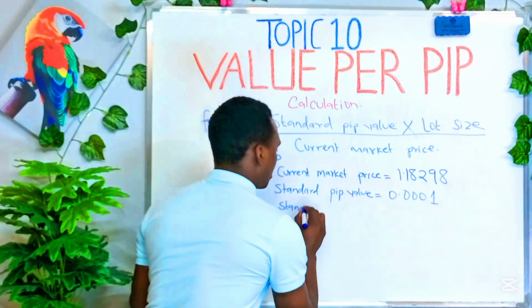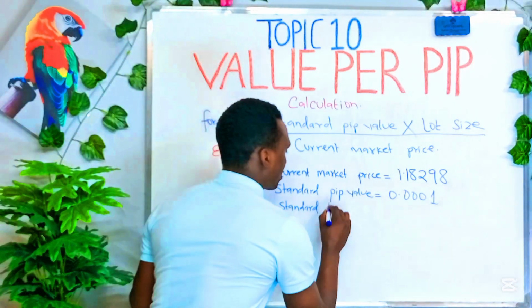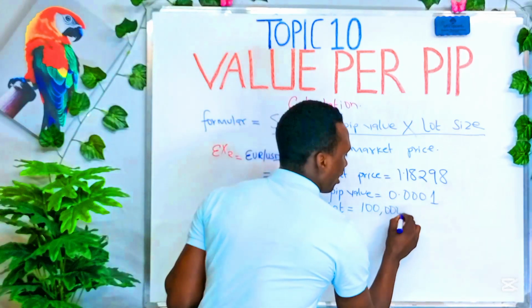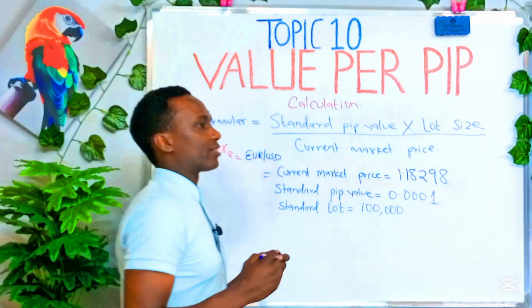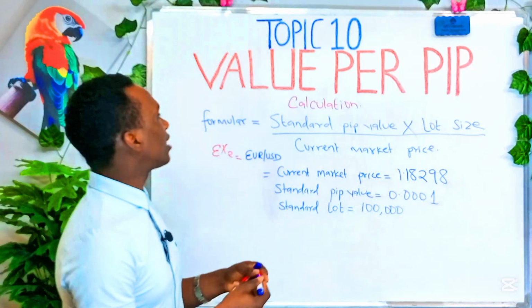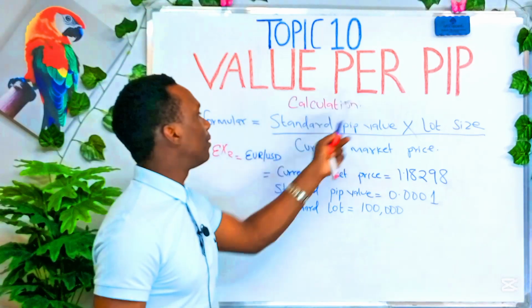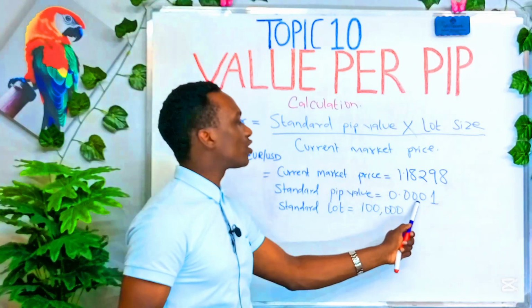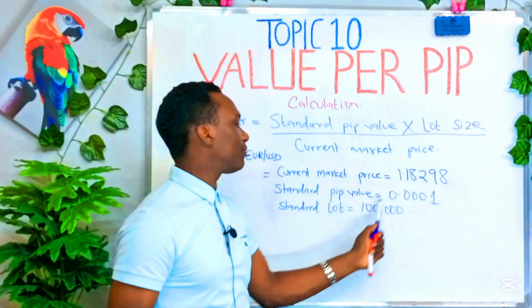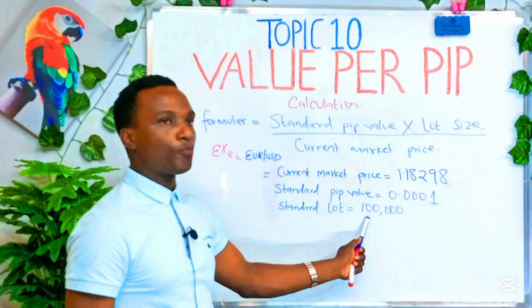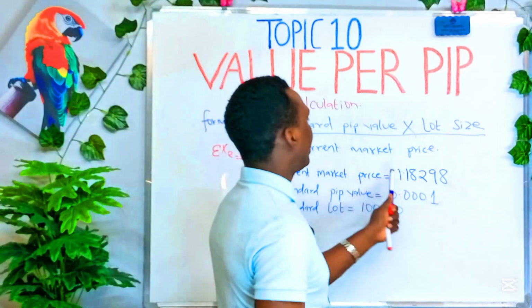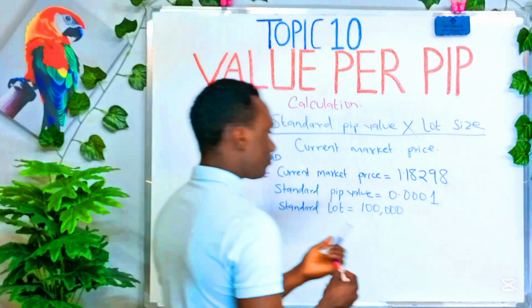The standard lot is equal to 100,000 units. All right. So if we are to calculate the value per pip, we will take the standard pip value, which is 0.0001, multiplied by this lot size, which is 100,000 units, divided by the current market price.